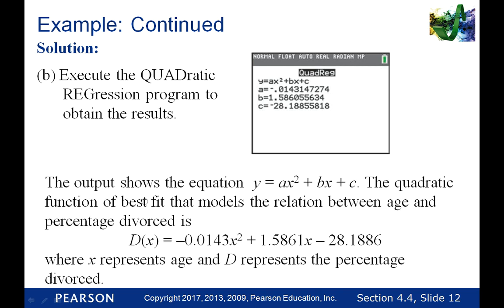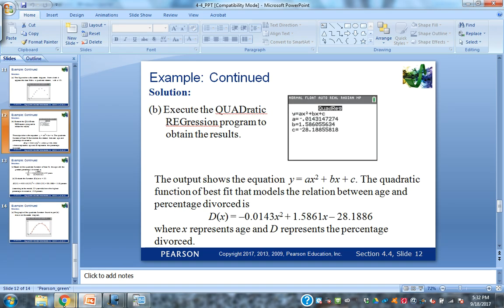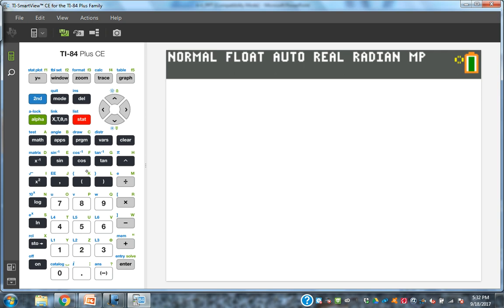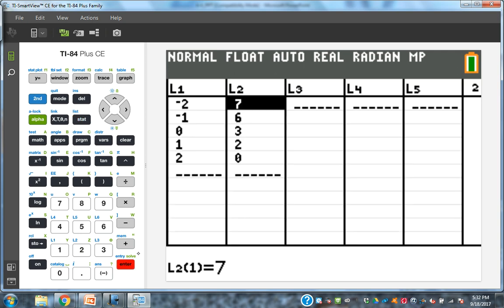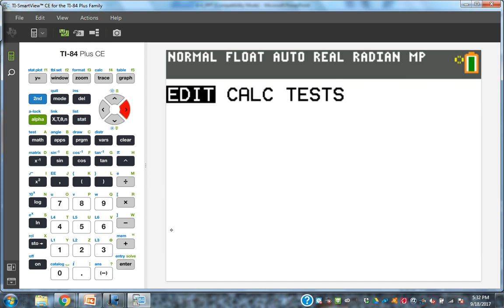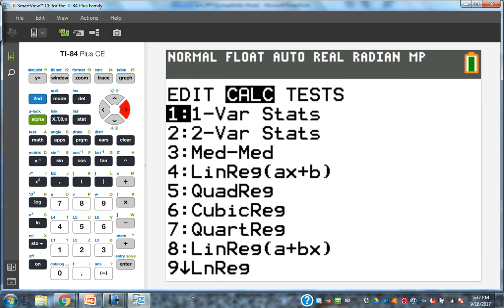So on your graphing calculator, you're hitting stat, you'd go edit, you'd put in your lists, and then you'd hit stat, go to calc, and instead of picking linear regression, you're going to pick quad regression because you want a quadratic built out of it.